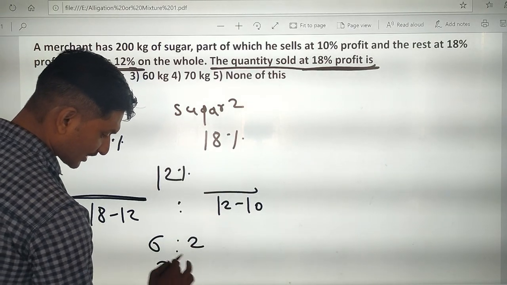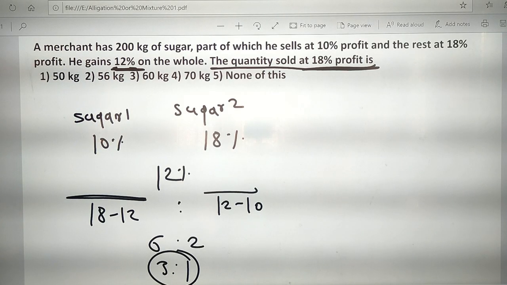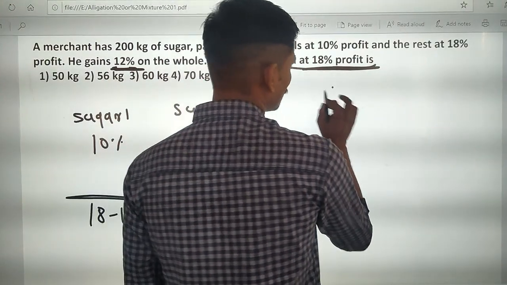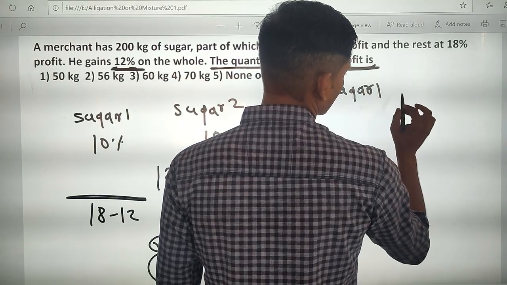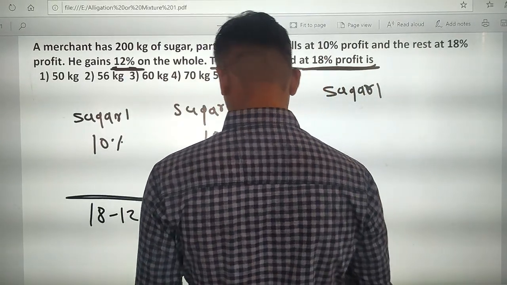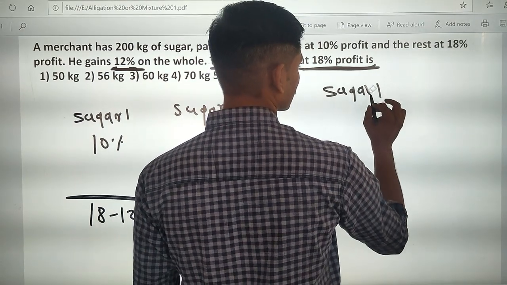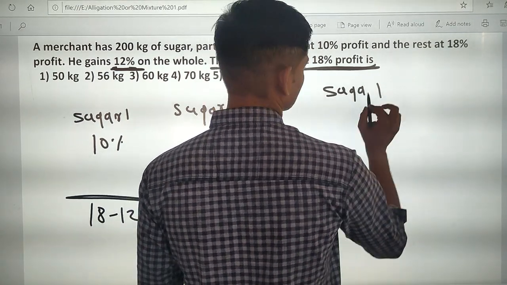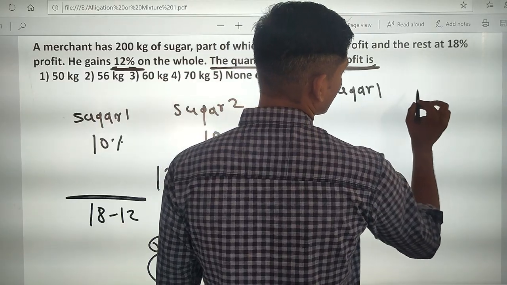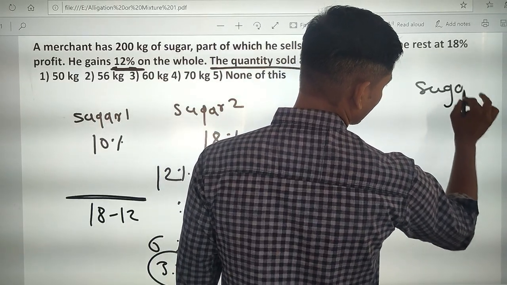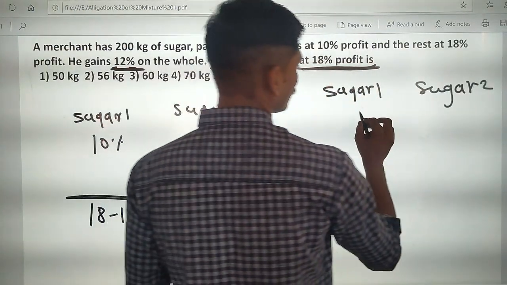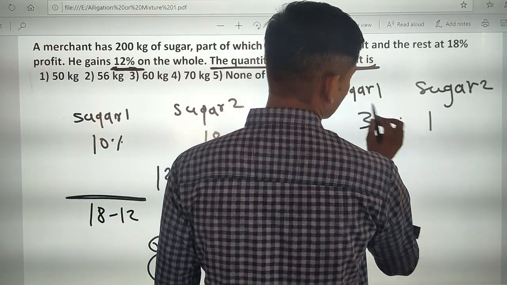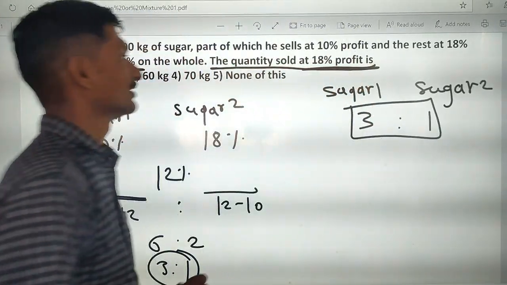Then the ratio is 3 to 1. Sugar 1 and sugar 2 ratio is 3 to 1.